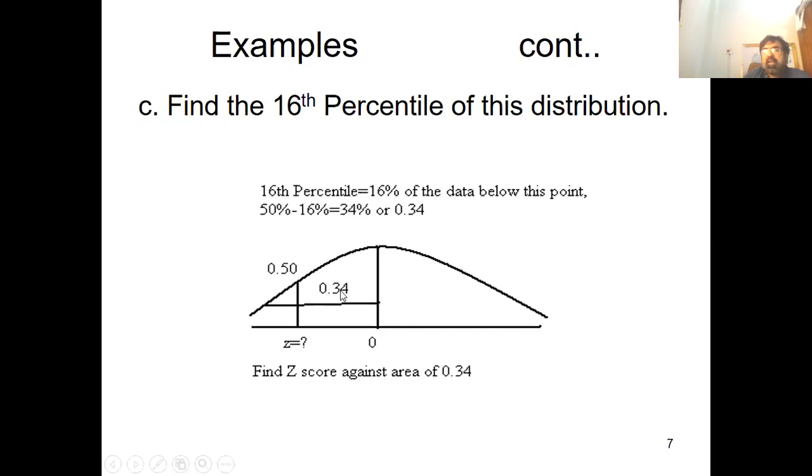The reason is 0.3400 in the z table carries a z value of 1 if it is on the right side, and if it is on the left side, which means it is less than the mean, you will put a minus or negative symbol with the z-score. So that will become -1.